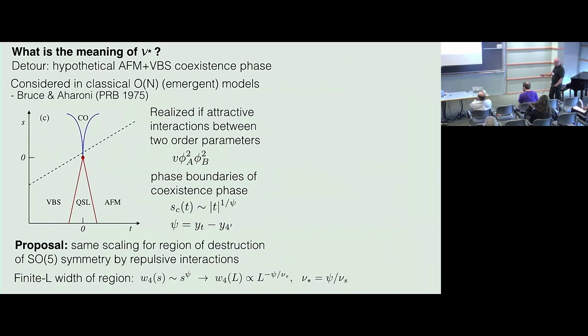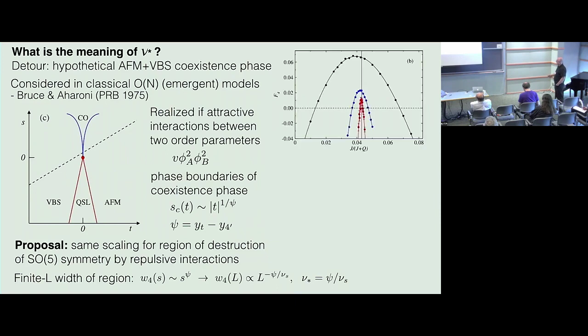So basically the width as a function of s should scale in this way, just following from that. And then one can translate that to finite size scaling. This is just the very standard way to go from thermodynamic limit scaling to finite size scaling. So then we claim that there's this new nu star that is related to this psi and this new s, the singlet nu exponent, in that way.